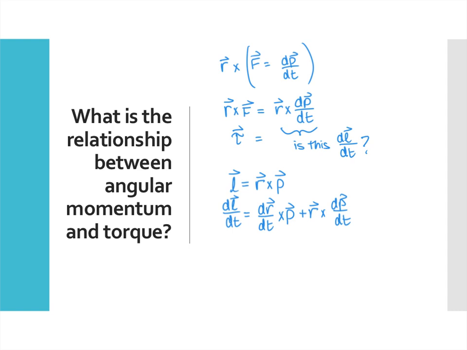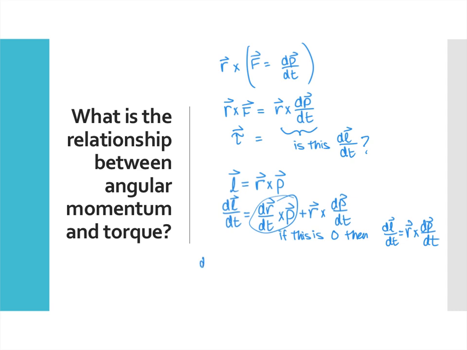And we notice that we have this value. If this is 0, then we could say dL/dt could be written as R cross dP/dt, which is what we're hoping, because then we were right about torque being the derivative of angular momentum with respect to time.